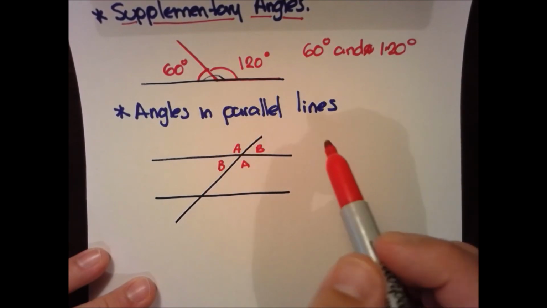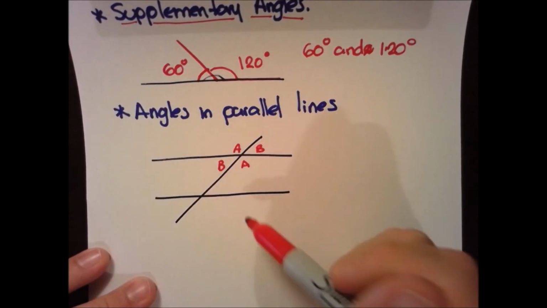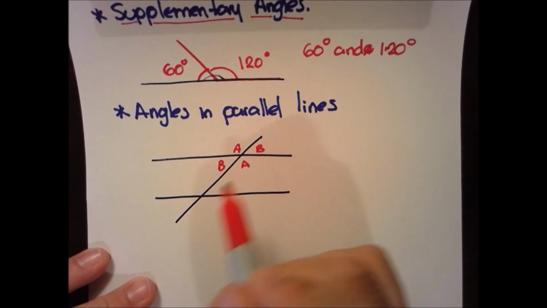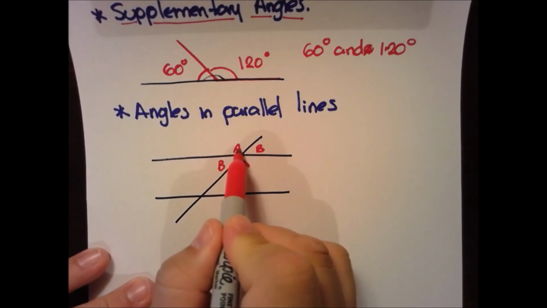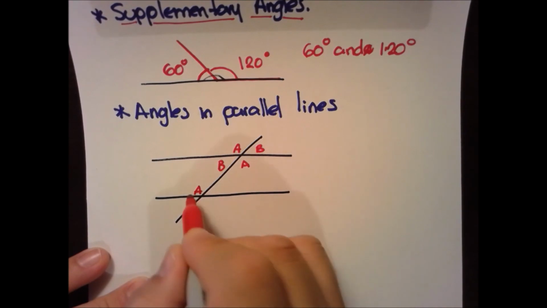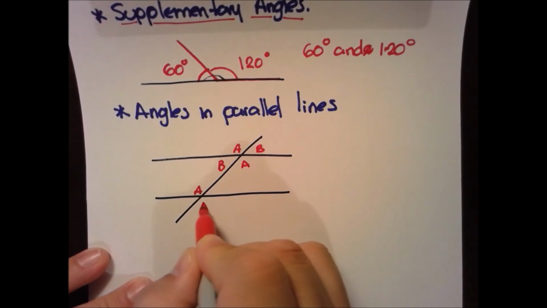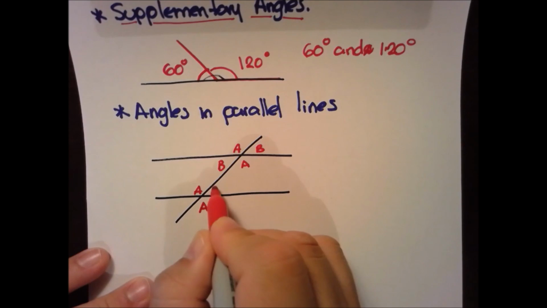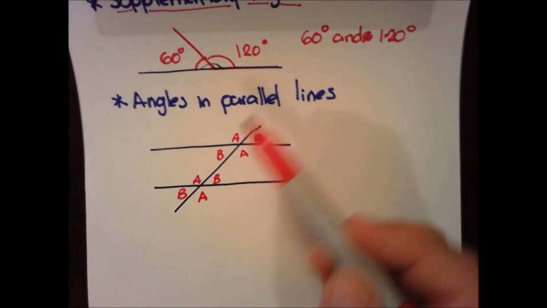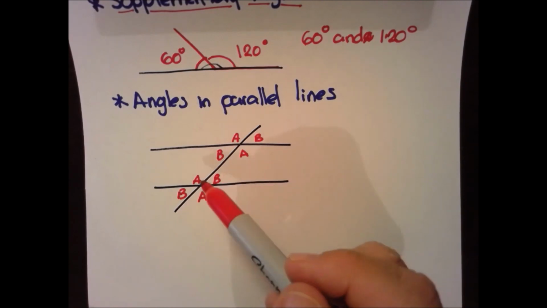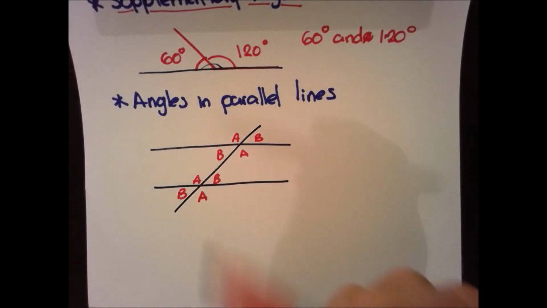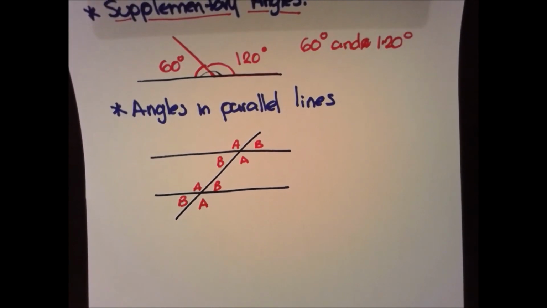A plus B are supplementary angles, and they reproduce exactly in the same way over here. This angle is exactly this angle that I'm going to call A, and this one is exactly this one, A. Now this is B, and this is B again. As you can see, we have a lot of repetition of the angles. In fact, we have two angles, but each angle is repeated 4 times.